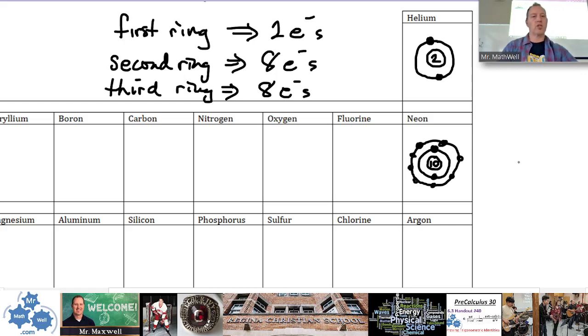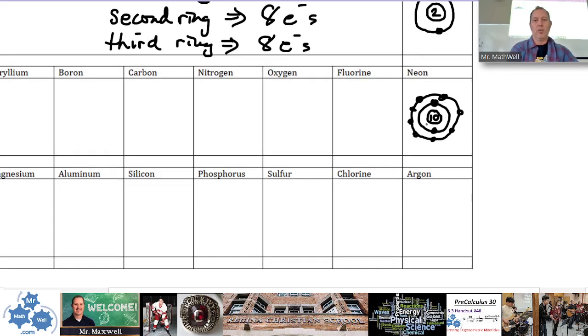They don't have to be perfectly spaced, but you need 8 on there somewhere. Then you count up all the dots in the rings, and they need to equal the number that's in the nucleus. So the electrons, negative particles, would exactly equal the protons, the positive particles. That makes them a neutral atom.